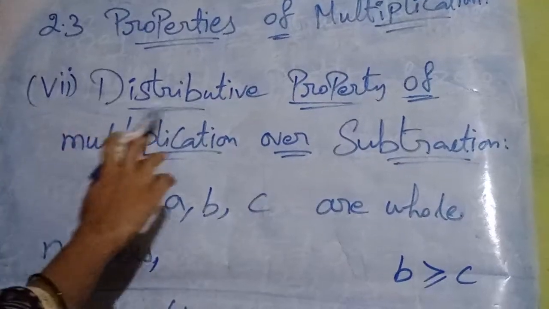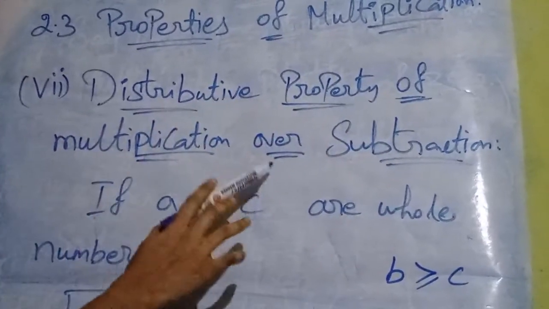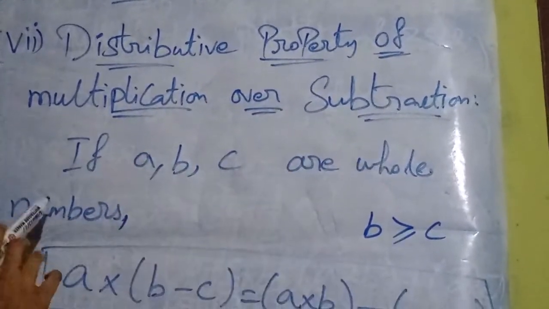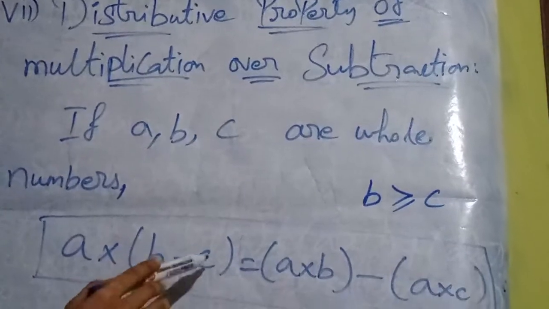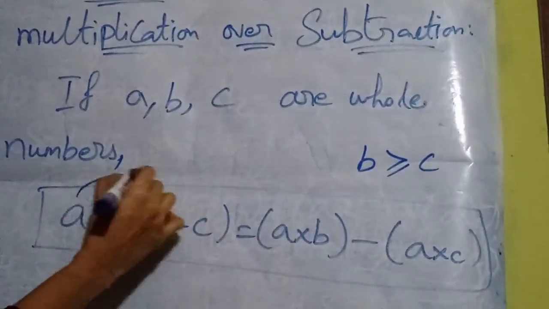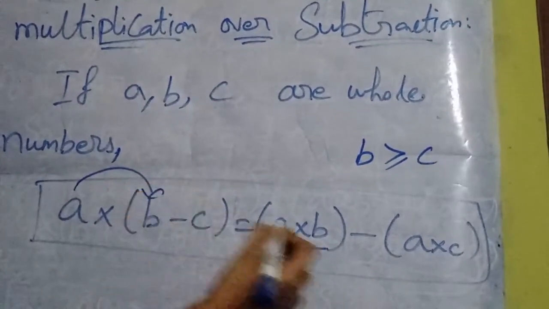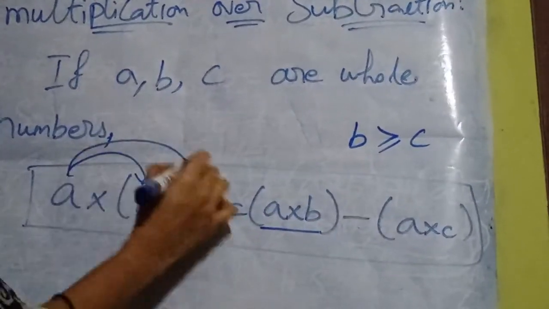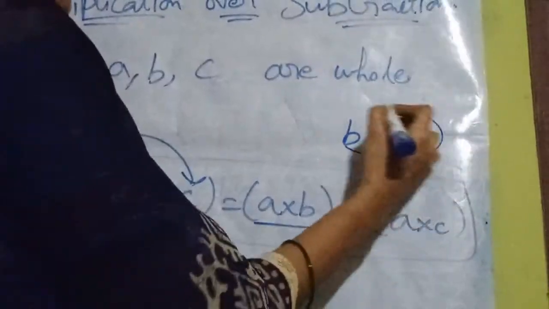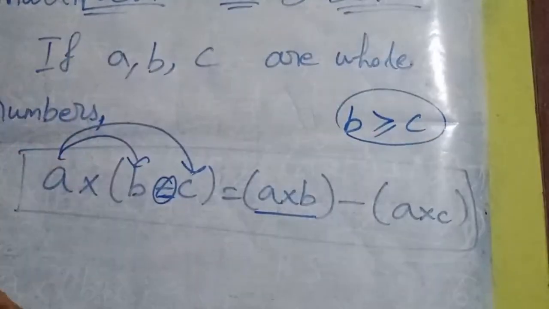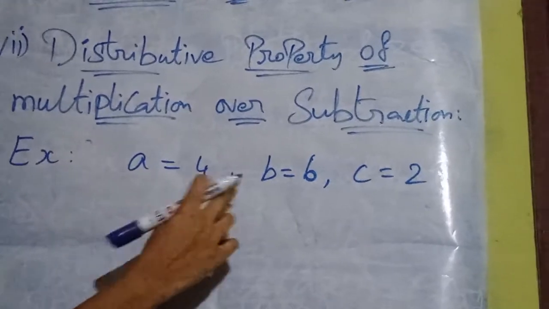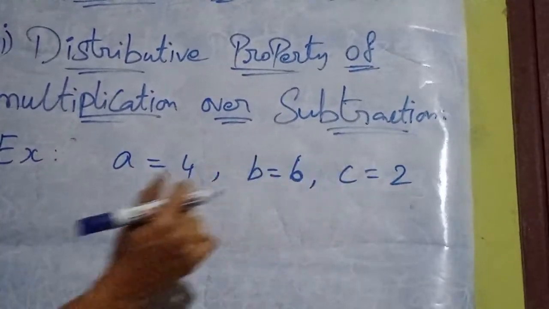The next one is distributive property of multiplication over subtraction. If A, B, C are whole numbers, A into (B minus C) is equal to A into B minus A into C. Here B is greater than or equal to C. Example, A is equal to 4, B is equal to 6, C is equal to 2.